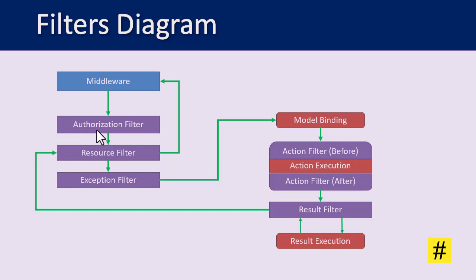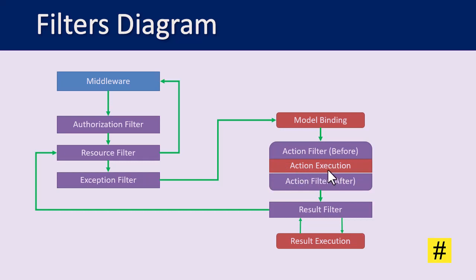First, you have to check the authorization because security and access is the most important thing. And then there are resource filter and exception filters. Resource filter is a special one because it is running before any other filter and after all other filters. Then there's exception filter, which is to manage exceptions, and action filter that happens before and after your action.